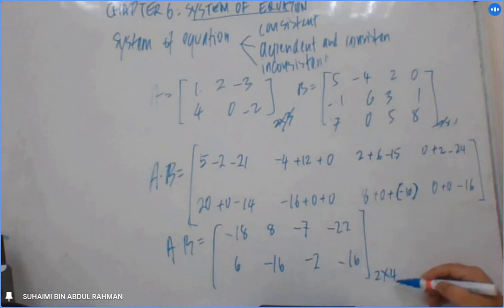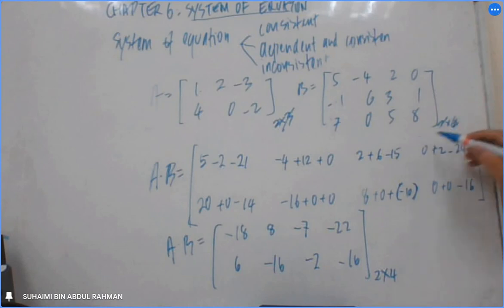Matrix 2 times 4. We get here because we multiply 2 times 3 and 3 times 4. So we get a matrix of 2 times 4. That's the multiplication of two matrices.